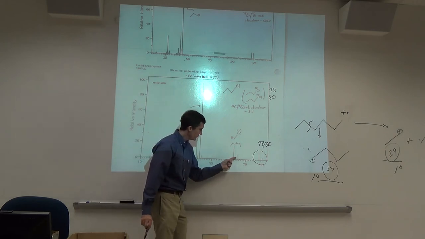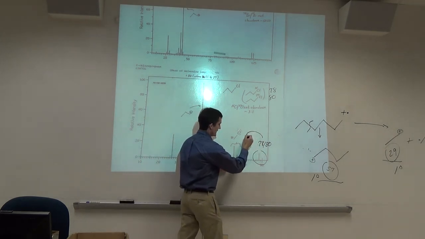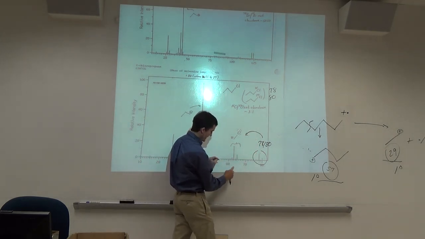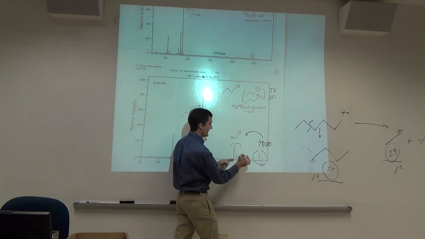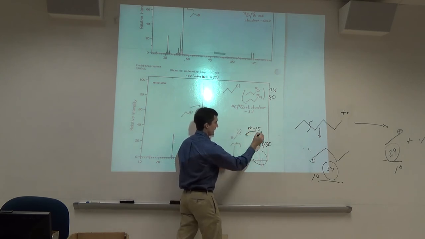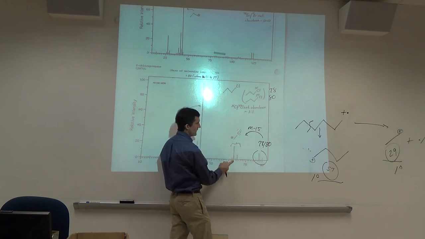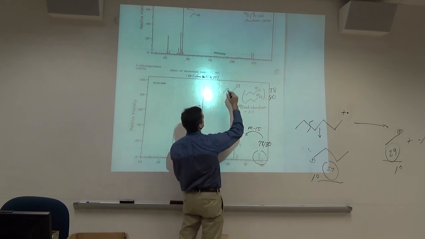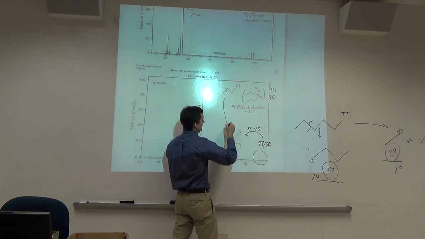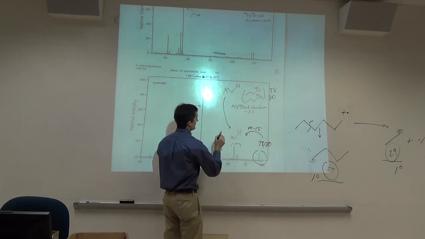This looks like an isotope pattern here with loss of 78 to 63. That's M minus 15. For both of these, that loses 15 here, this loses 15 here. So it looked like it cleaved here to give that plus what?